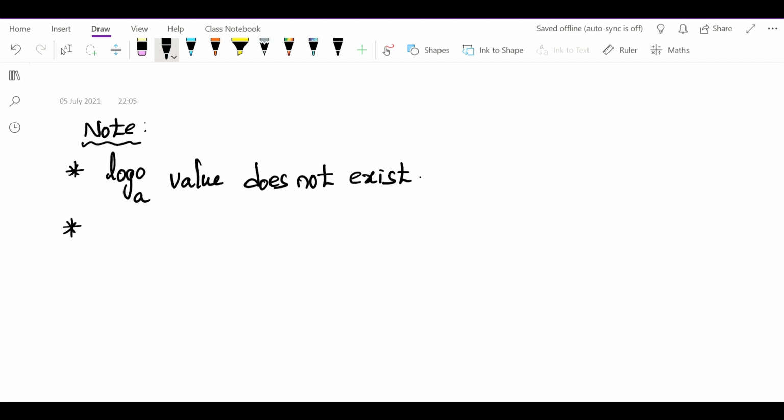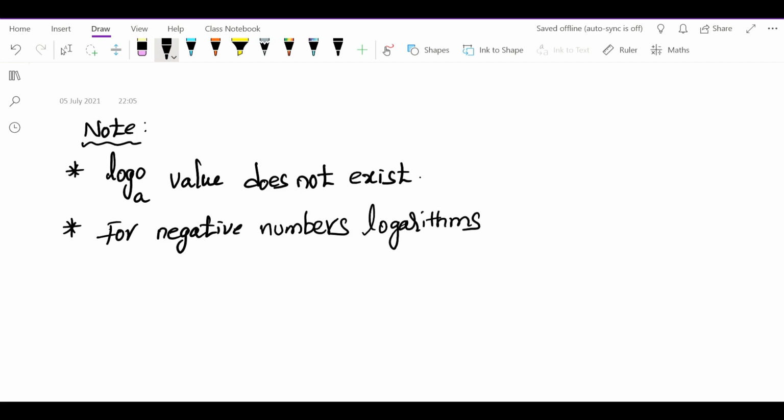For negative numbers, logarithms do not exist.